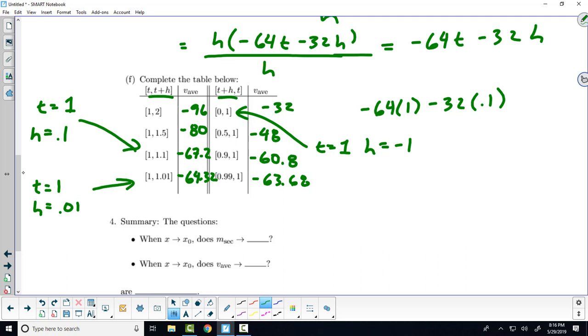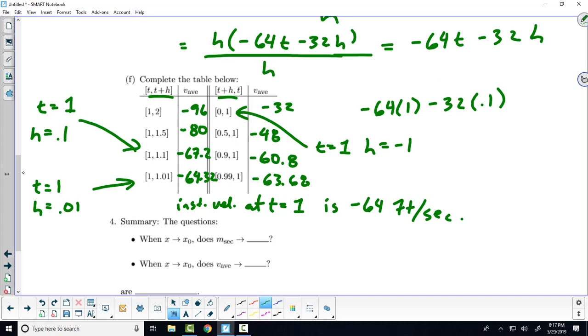What does it appear the instantaneous velocity is? It appears that the instantaneous velocity at t equals 1 is negative 64 feet per second.